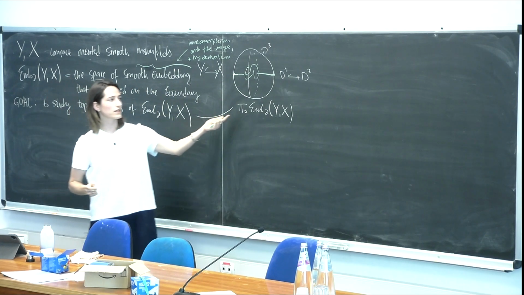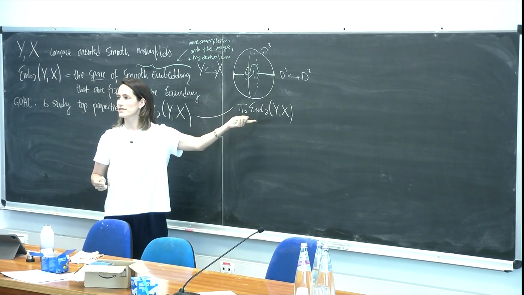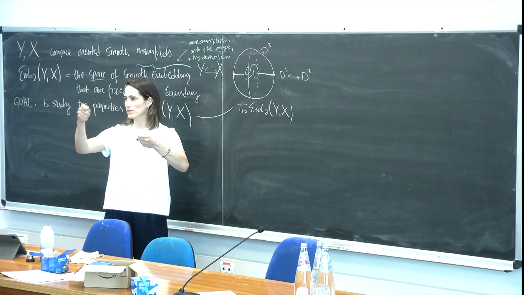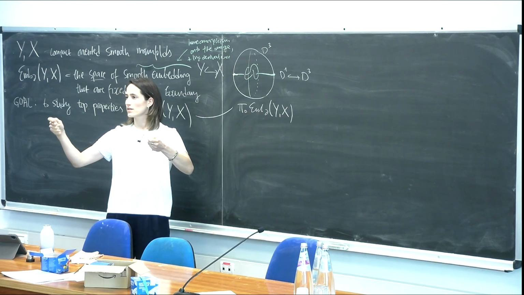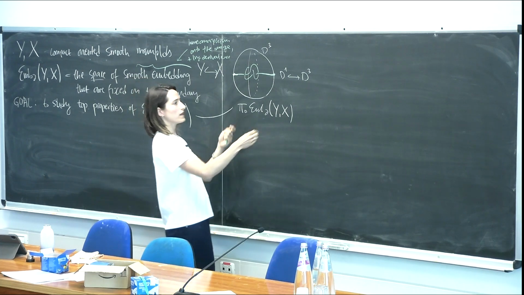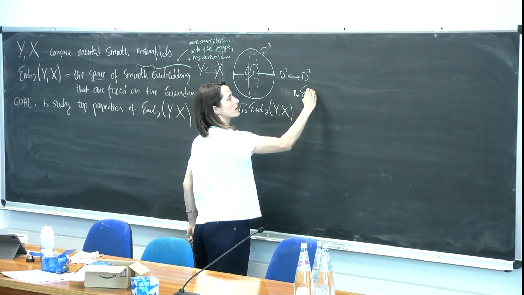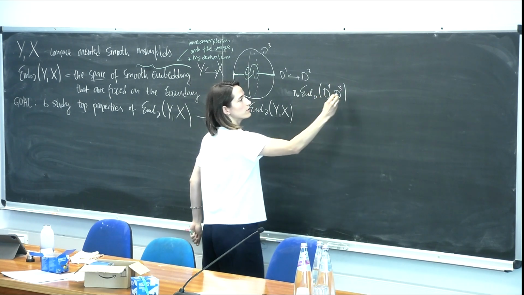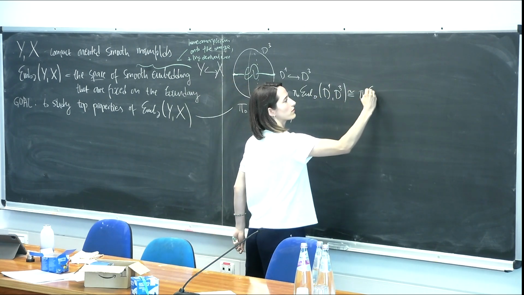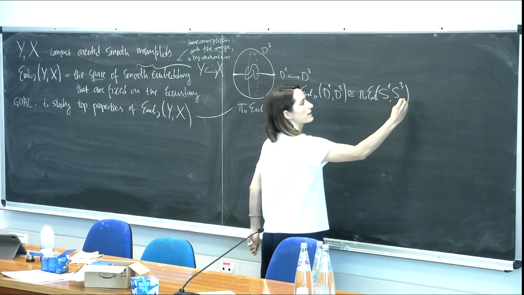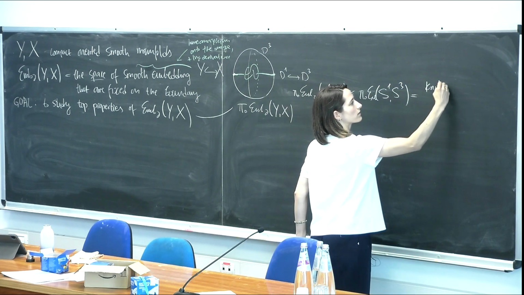And studying connected components of this space exactly means you study points in this space up to paths in that space, which are exactly smooth isotopies, right? So really, pi0 of embeddings of D1 into D3 is in bijection with pi0 of embeddings of S1 in S3. And this is exactly knots up to isotopy.